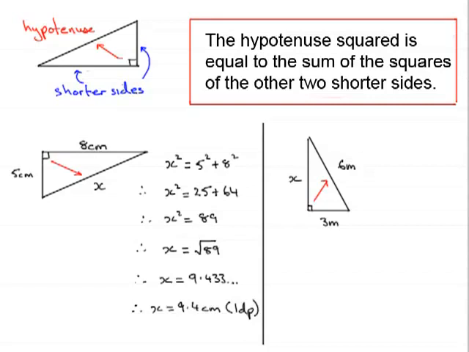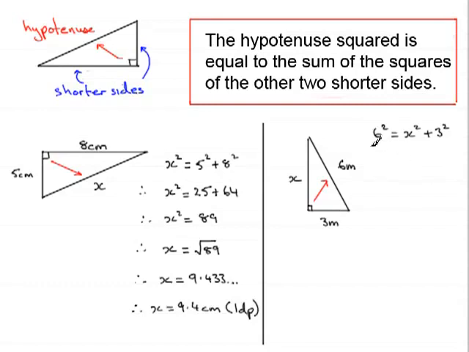So according to Pythagoras' theorem, the hypotenuse squared, that's this side here, 6 squared, is equal to the sum of the squares of the other two shorter sides, and these two sides are the shorter sides. So I can write equals x squared plus 3 squared. You've got to be very careful in this example that you do not start with x squared. x squared does not equal 6 squared plus 3 squared.